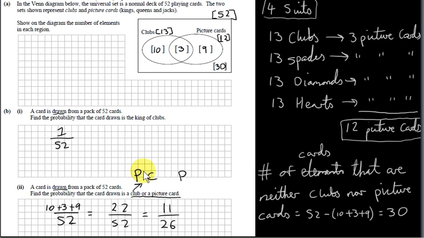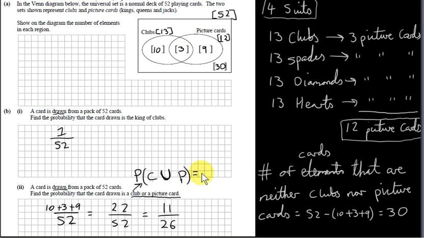So we want the probability of selecting a club or a picture card. Or means the union of the two sets. The probability of event C or P means the probability of the union of these two events C and P.